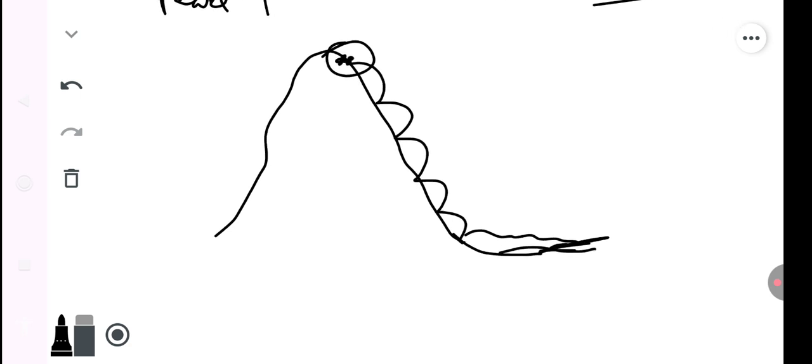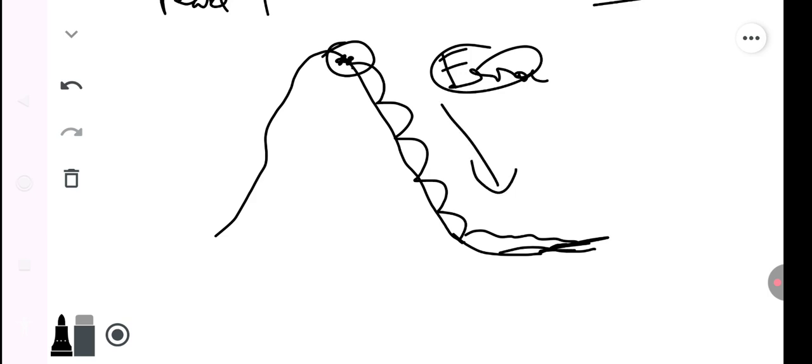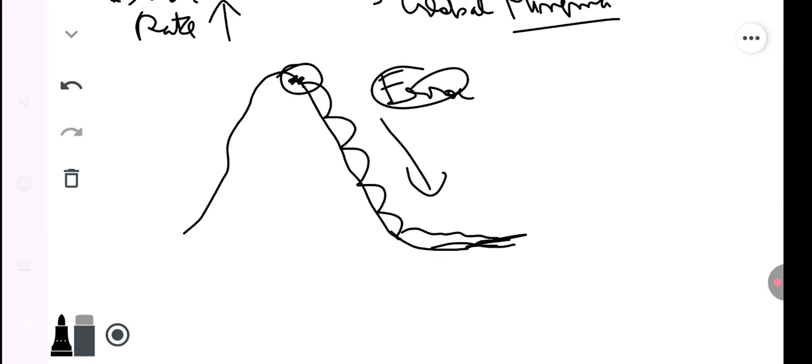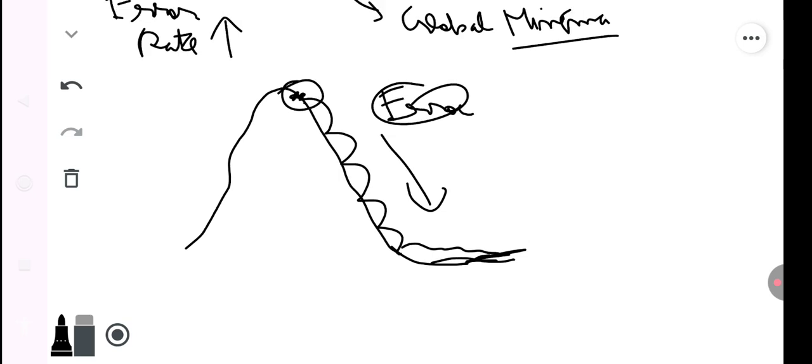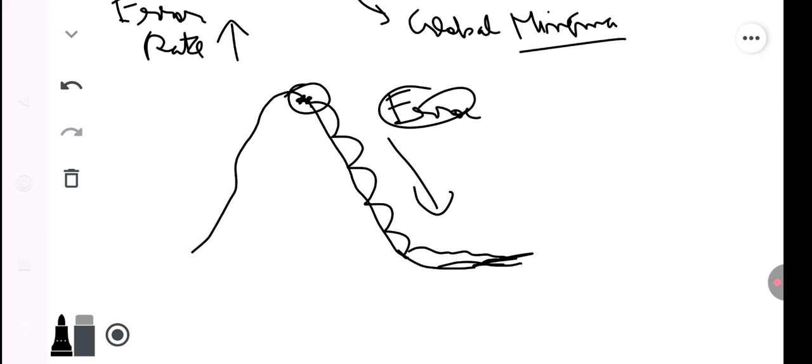Let's suppose the height is the error. As I move down the valley, we are reducing our error. And I talked about how, in the case of small steps, the number of iterations will be more.